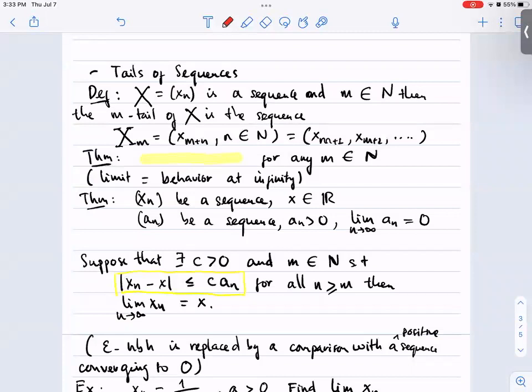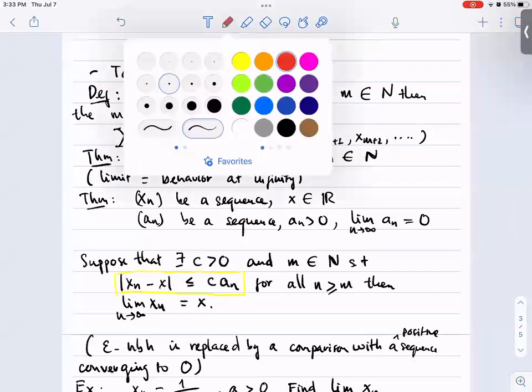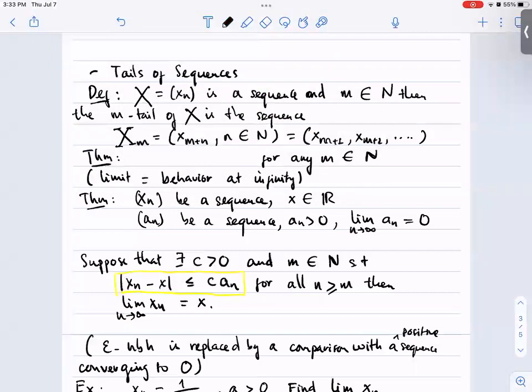An important theorem is that the limit of a sequence is exactly equal to the limit of any tail of that sequence. The limit of the sequence X equals the limit of the sequence capital X_m for any natural number m.